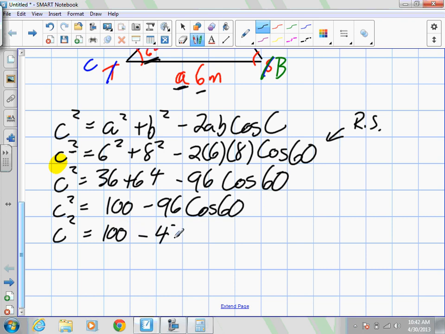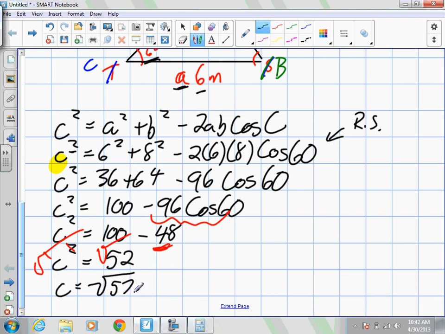We essentially equated all of this to be negative 48. c squared equals 52. And we got to get c by itself. So we got to root both sides, which will cancel out the squared and the root over here. So we'll get c is equal to root 52, which is approximately 7.2 meters. Perfect.